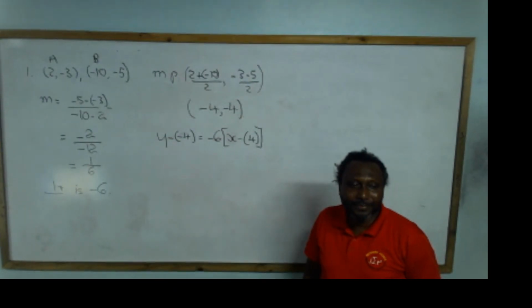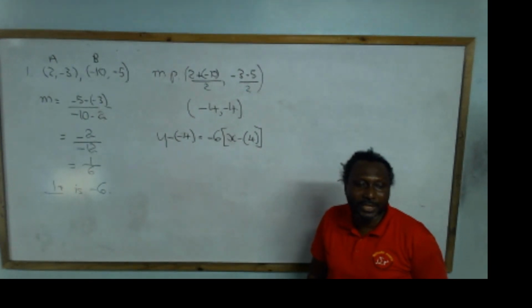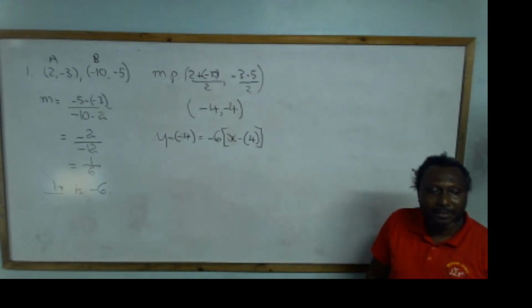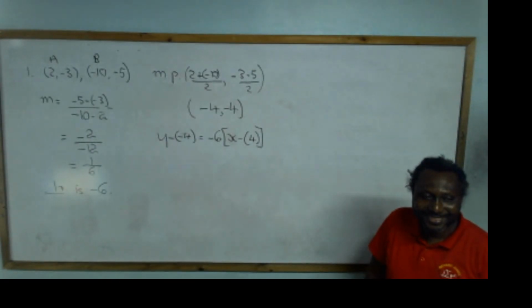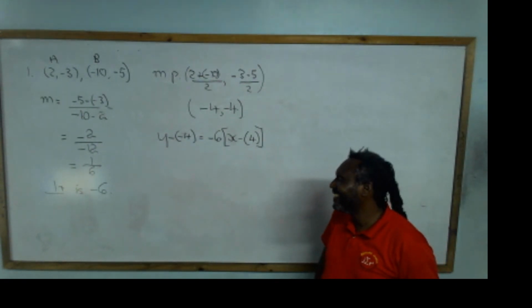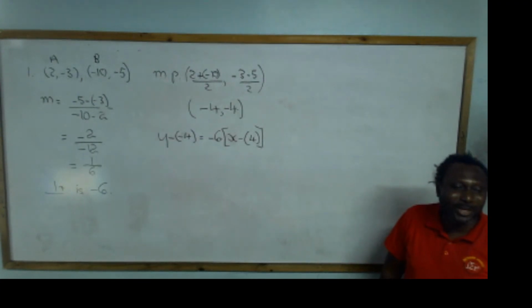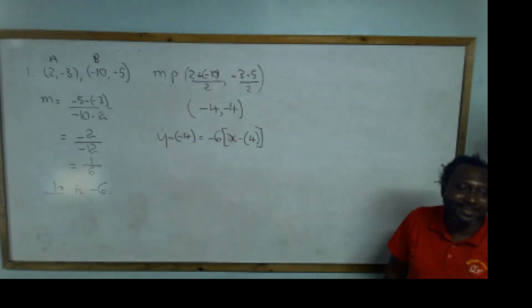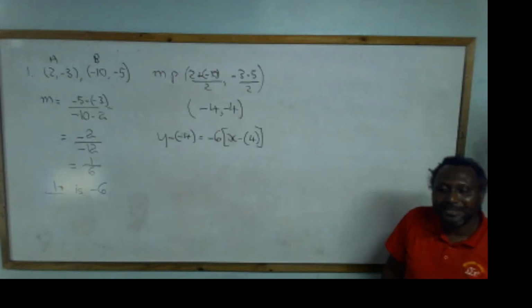The general form, the general equation of a straight line. No, sir, it was another name. I don't remember. But I remember calling the y is equal to mx plus c, the general equation. Okay.